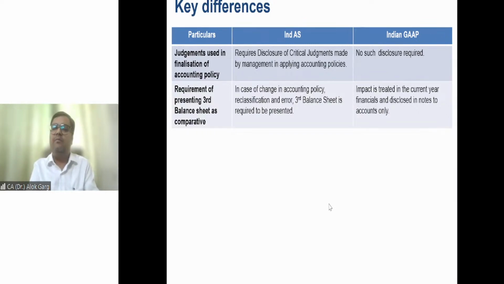Impact needs to be taken from the last year, from the date of the error, or from the time where we are taking the impact of the change in policy. So impact calculation is retrospective, but the presentation is prospective. Application is prospective. But in Ind AS, even the impact calculation and the application are retrospective. I hope this is clear to everyone, friends. Let me know if you have any doubt.